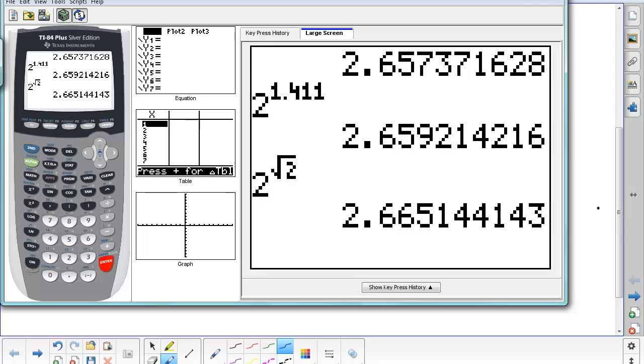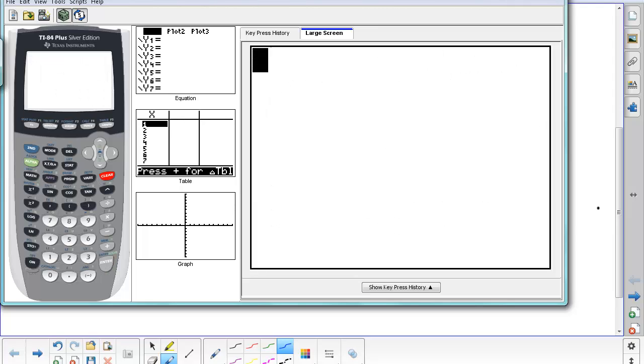Going back real quick and talking about jumping down out of that exponent again. Let's say we were to do 2 to the 3rd power. We know that's 8, right? So if we wanted to do 2 to the 3rd power plus 2, like say we wanted to add 2 to it, you should get 10, right? Well, a mistake a lot of people make, if your calculator sets up like this, is that you forget to jump down out of that exponent.